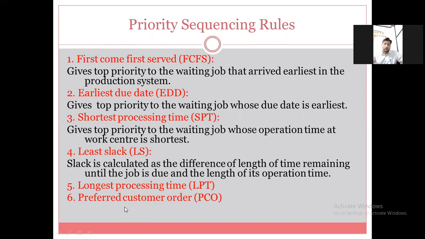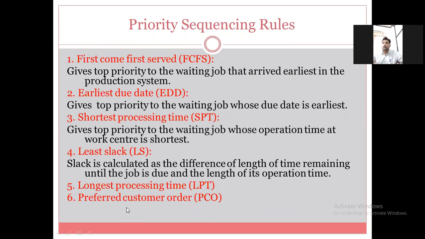The jobs of such customers will be preferred first for the sequencing, and priority will be provided to such jobs, and the tasks are performed on the jobs as early as possible, and the components are delivered to the customer as early as possible.